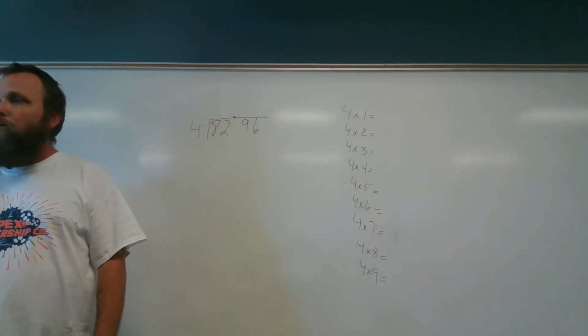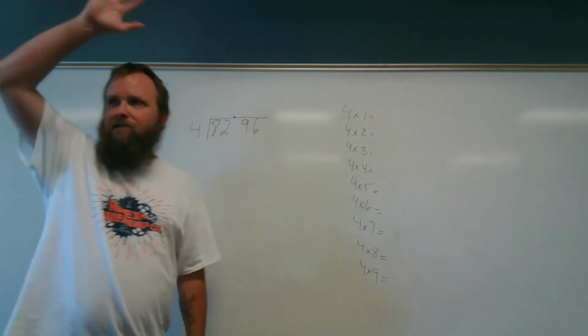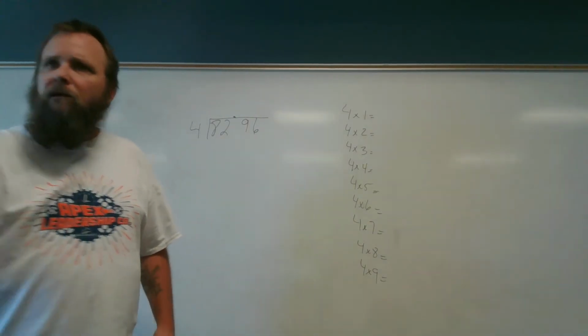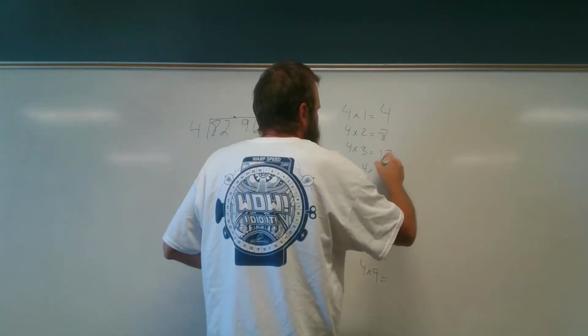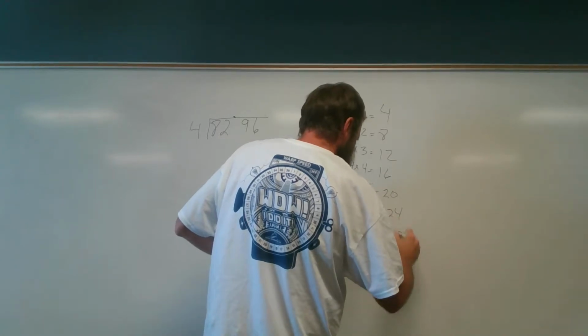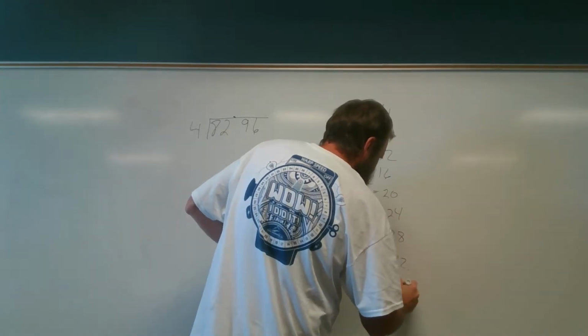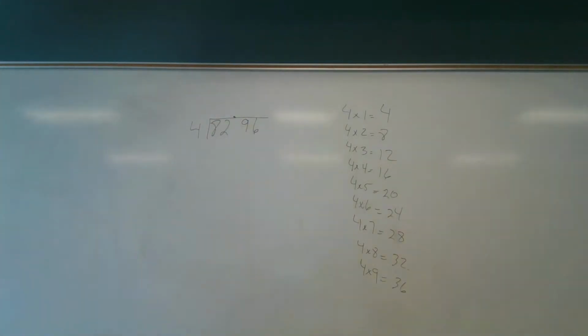No. Well, then don't tell me you don't know how to do it. Raise your hand and say, I'm too lazy to do what I'm supposed to be doing. Because if you're not going to list the multiples of your divisor, you can't tell me you don't know how to do the problem.